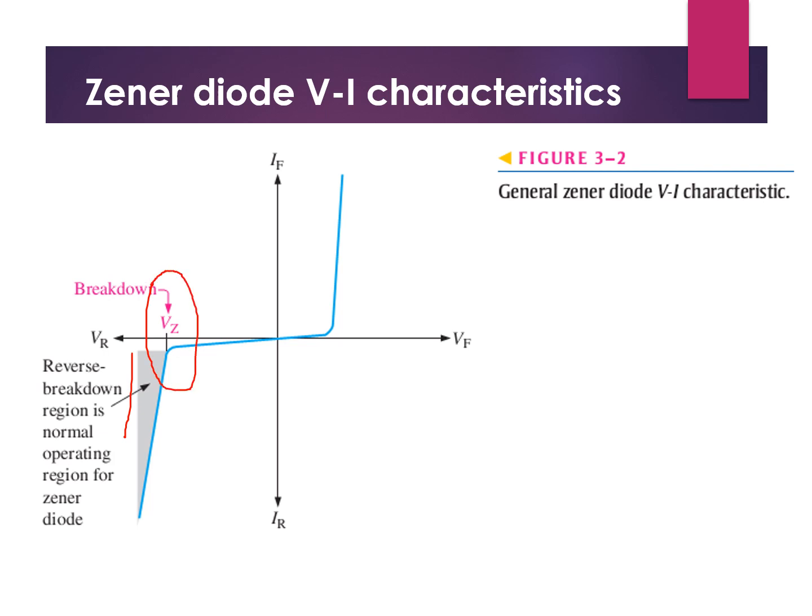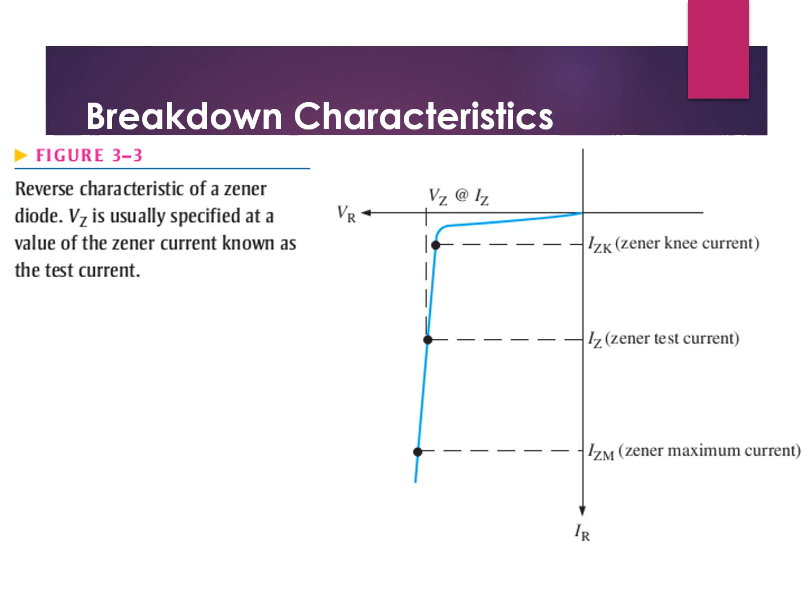The voltage at which the breakdown occurs is termed the Zener voltage, and the current flowing starts to increase drastically. This current is termed the Zener current or knee current.